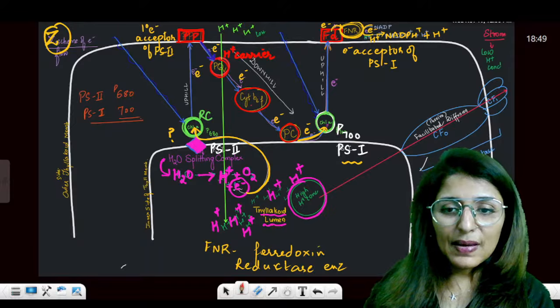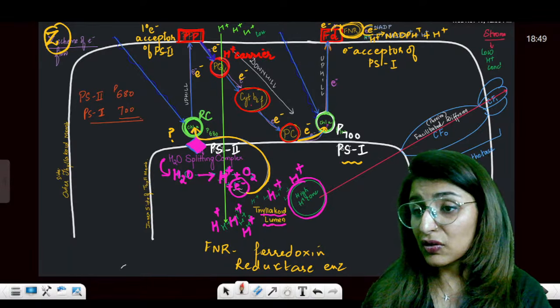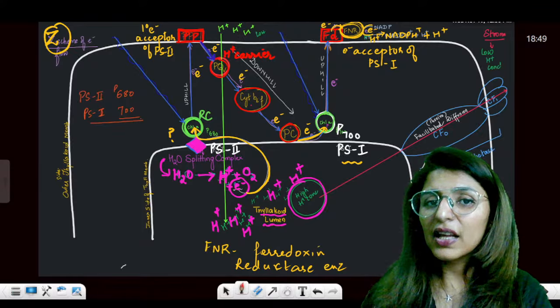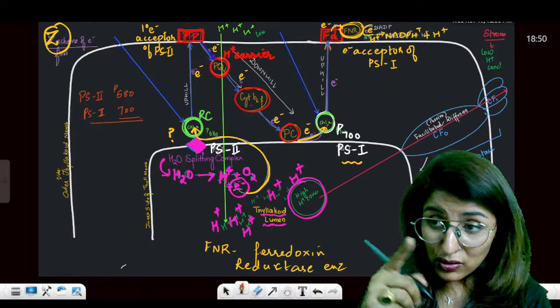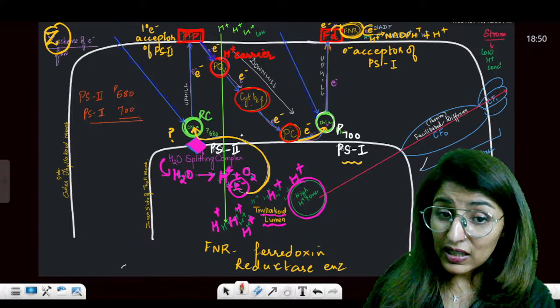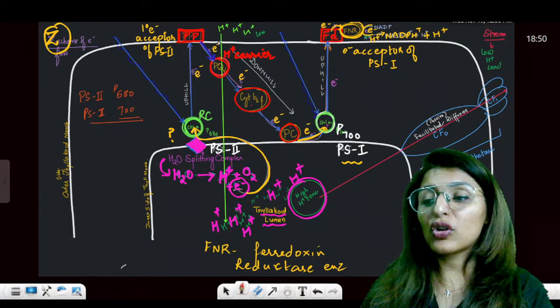So what happens? Plastoquinone is not going to do this for free. What's plastoquinone going to say? Okay, if you want me to do a work for you to pass on your electron to cytochrome C, I am going to do my work at the cost of that.